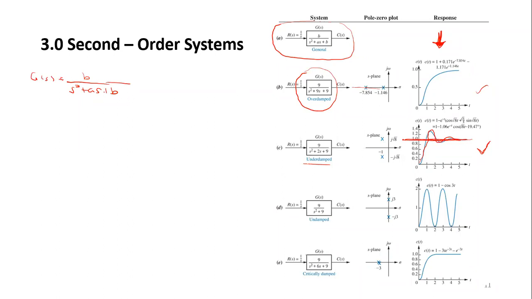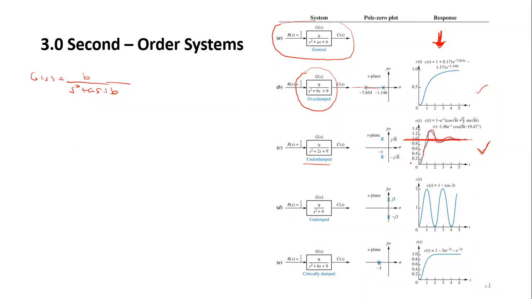That is an example of the response of the dish antenna. If it has some overshoot to another degree and then comes back, that's underdamped.